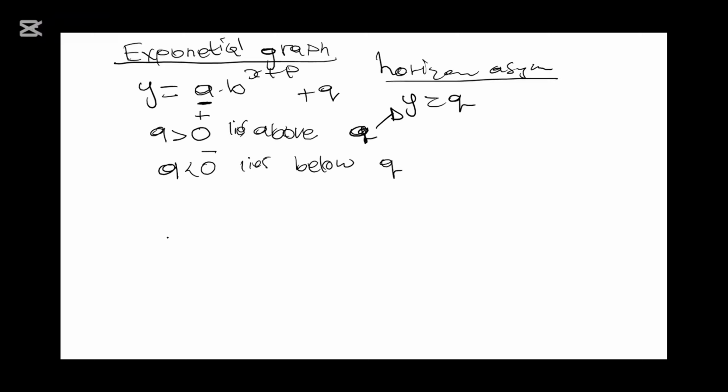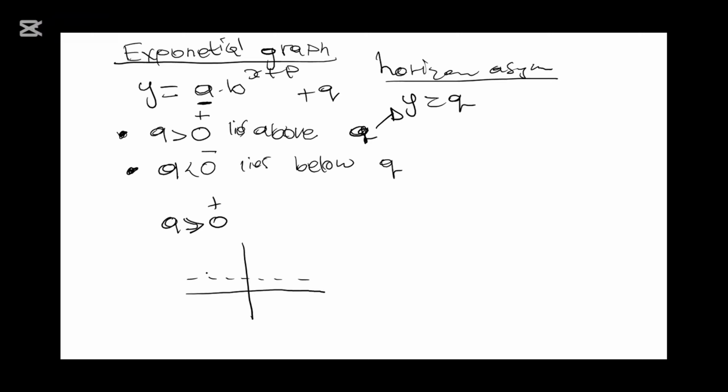Let's say a is greater than 0, and this is our asymptote. Then we have a Cartesian plane. If a is greater than 0 or is positive, it is going to lie above the asymptote.